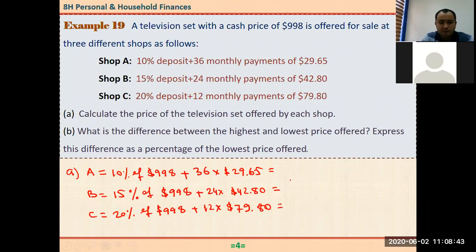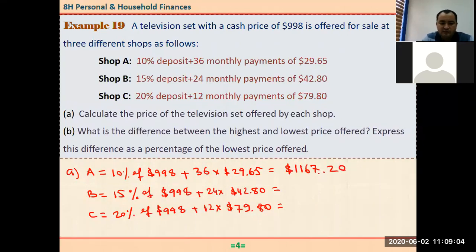The first one, 10%, is 0.1 times 998 plus 36 times 29.65, which is equal to $1167.20.